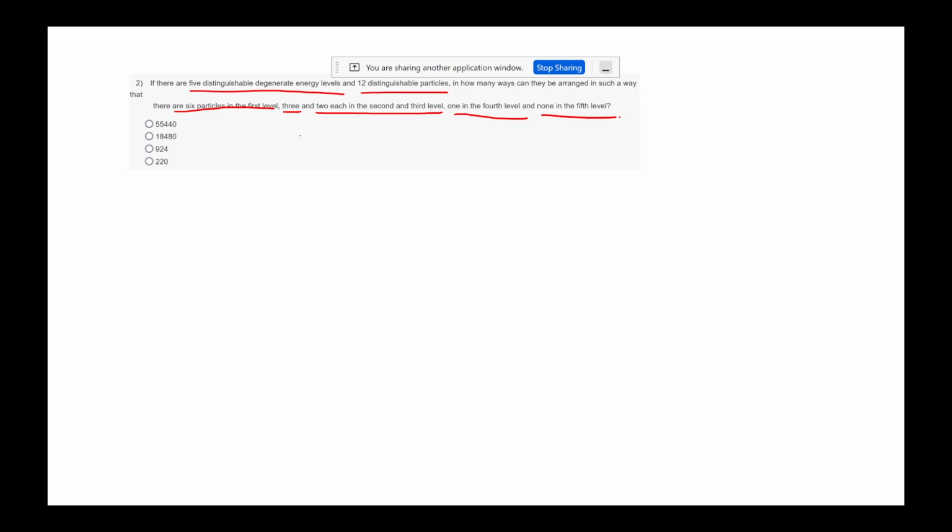Let's say levels A, B, C, D, E. At A there are 6, in B there are 3, in C 2, in D 1, in E nil.